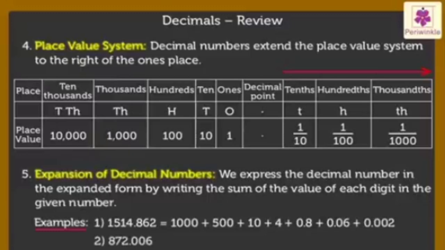The expanded form of 872.006 is 800 plus 70 plus 2 plus 0.006. Here 0 is in the tenths and hundredths place, so we do not write its place value as it is always 0.